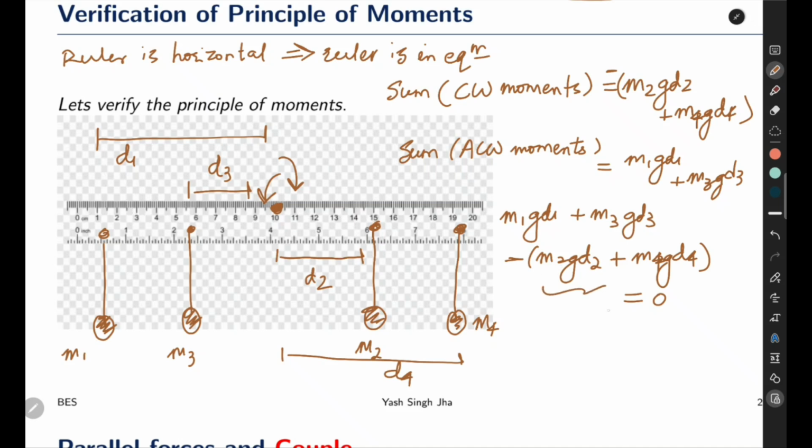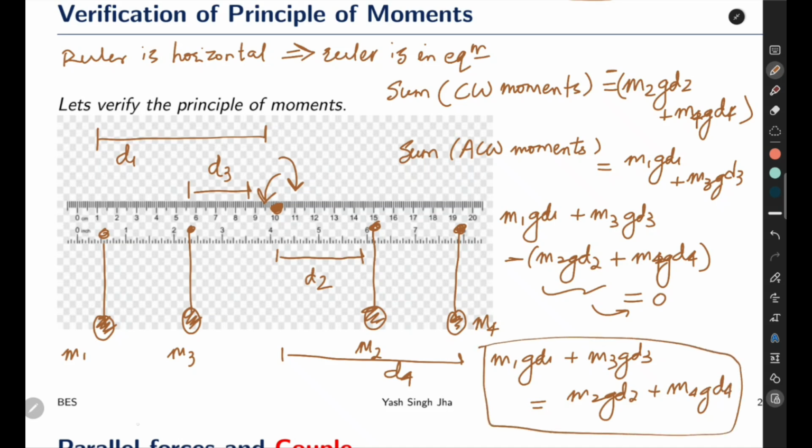Taking these to the other side, we get m1g d1 plus m3g d3 is m2g d2 plus m4g d4, which is basically the sum of clockwise moments equal to the sum of anti-clockwise moments.